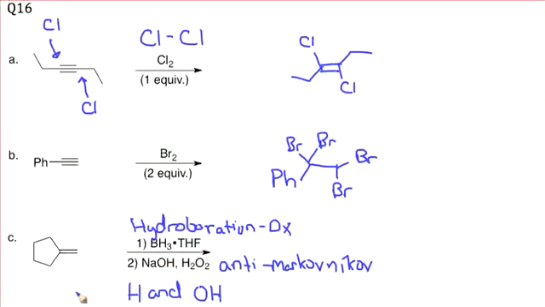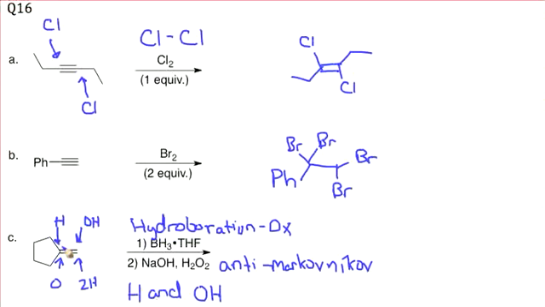So that means the H adds to the side with less hydrogen. So on this side of the double bond, we have 2 hydrogen. On this side of the double bond, we have 0 hydrogen. Because it's anti-Markovnikov, the H adds here, the OH adds here.